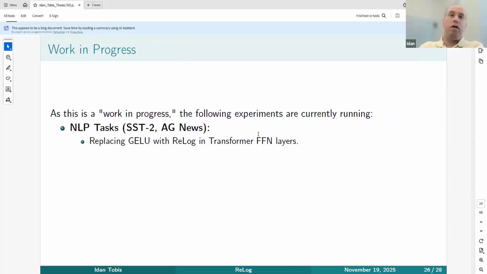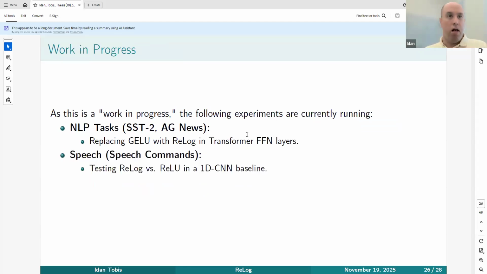Now I have to remind you that this is a work in progress. So we still need to conduct the following experiments. The first one is to show that it is safe to replace ReLU in transformer feed-forward network layers, such as for the STT task.